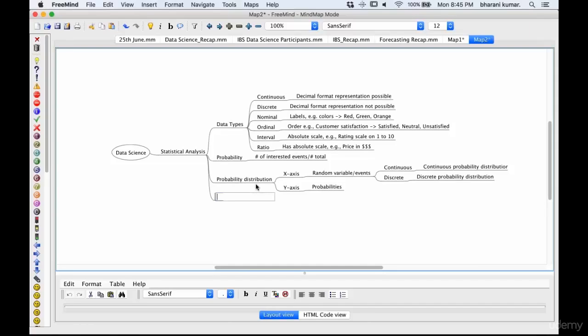And then we have discussed a lot of variants of probability distributions. We have discussed the normal distribution.